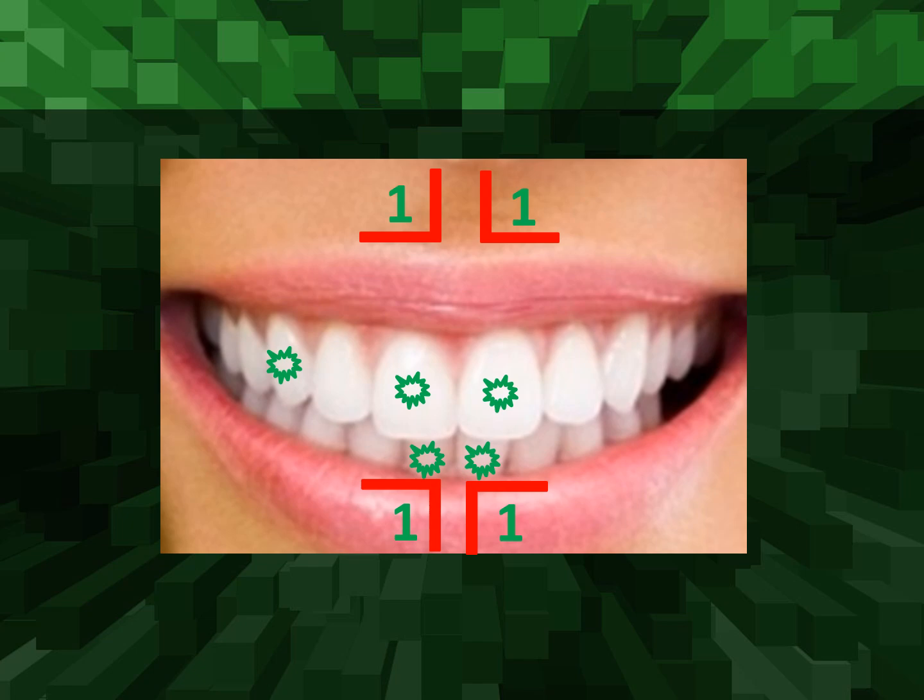Moreover, upper right canine will be marked like this. Upper left canine like this. Lower left first premolar will be marked like this.